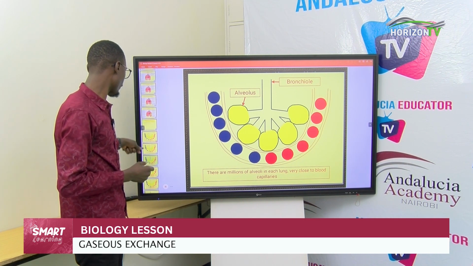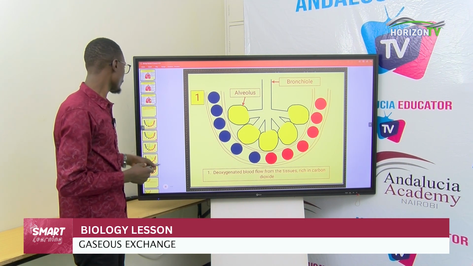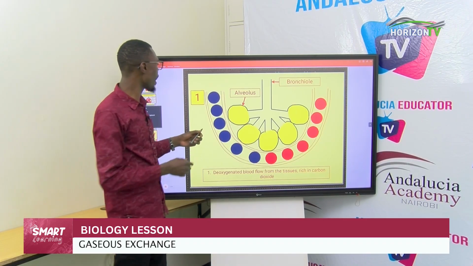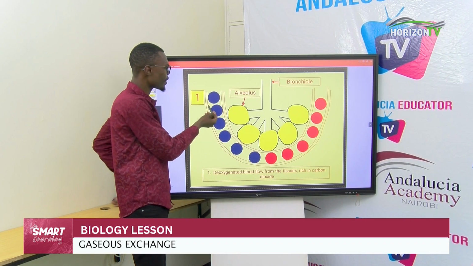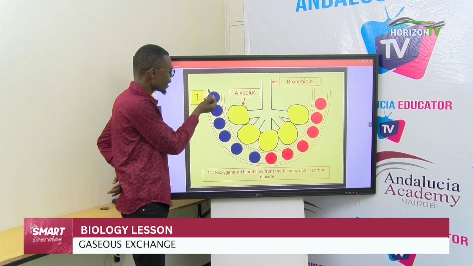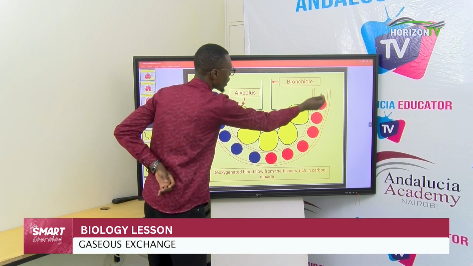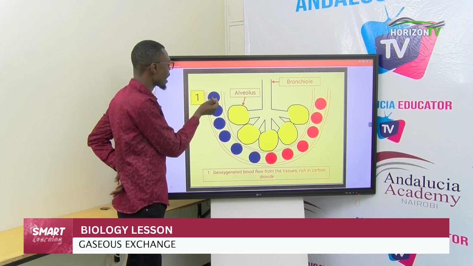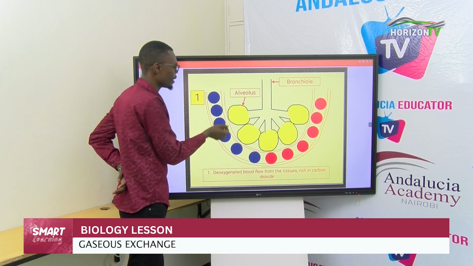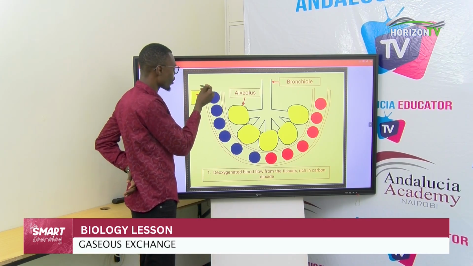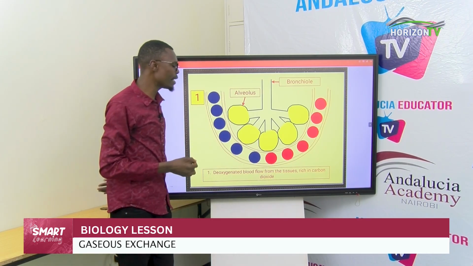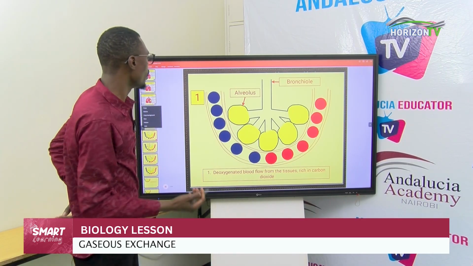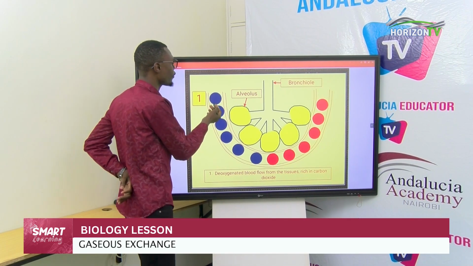So the movement of blood, as indicated, goes like that around the lungs. The lungs have blood capillaries. Blood from the body normally has no oxygen. The blood comes from the body to collect oxygen from the lung.